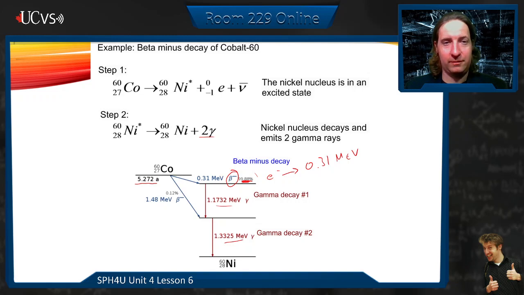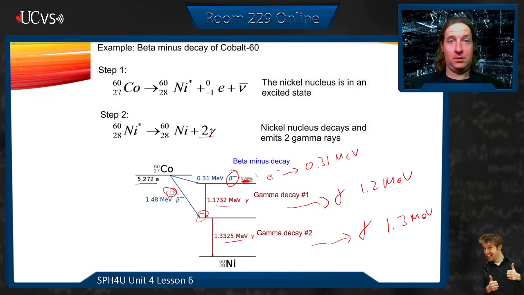It gives off 2 different gammas. There is a very small chance that it decays to a lower energy state and only 1 will be given off, but almost all the time it'll give off 2: 1.2 mega electron volts, and then 1.3 mega electron volts. That's how cobalt decays via beta minus radiation.